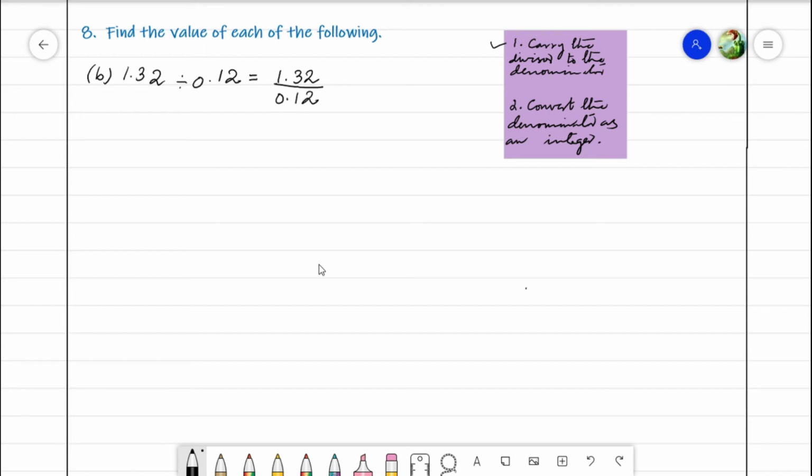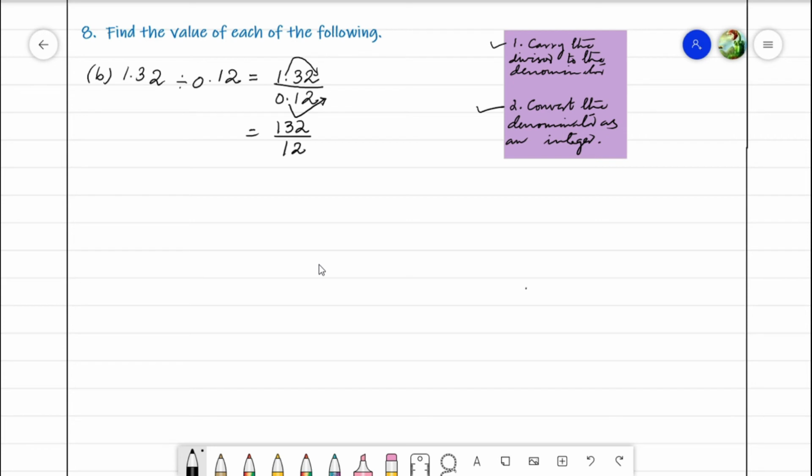The second step is to convert the denominator to an integer. For this purpose I will shift this decimal towards the right, and I have covered two decimal places, so in the numerator I will also shift two decimal places to the right. That would be 132 upon 12.